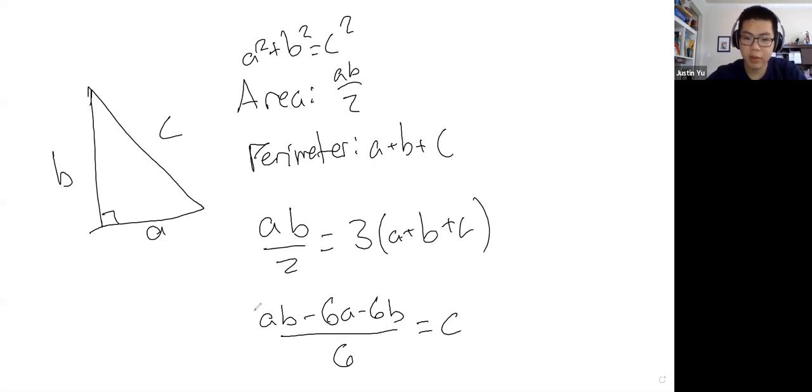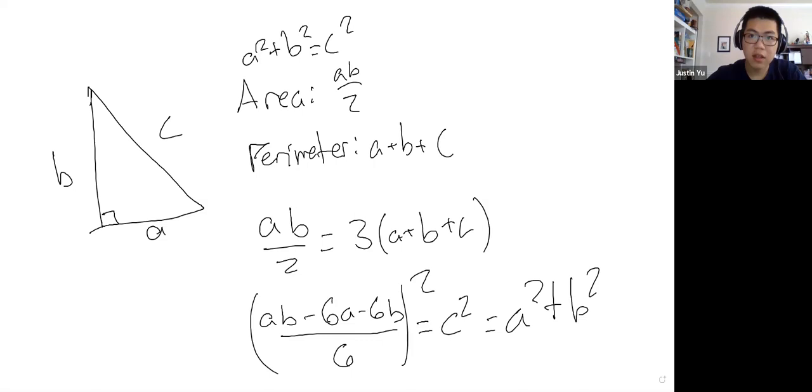So now, if we want to square this, we've just gotten rid of a variable. That's great. So here's what we can do.